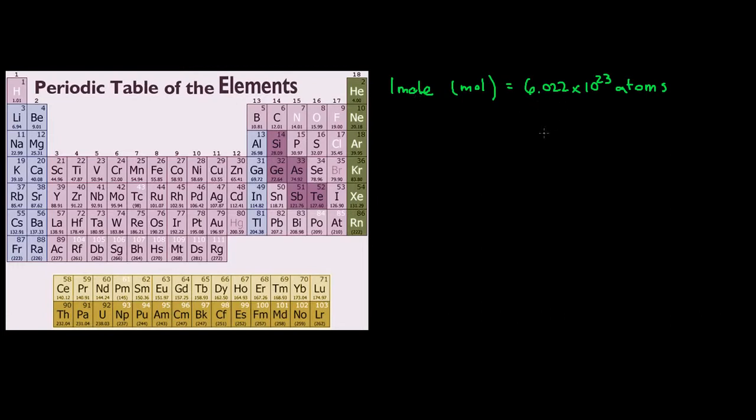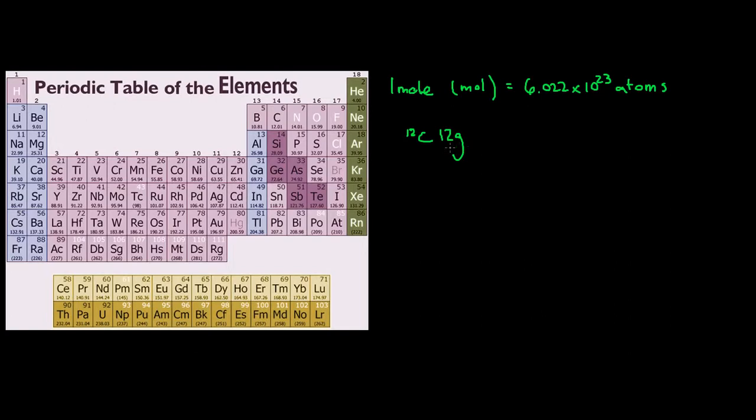And this may seem like an arbitrary number. This number comes from, again, carbon-12. And they got this number by finding how many atoms are in 12 grams of carbon-12.